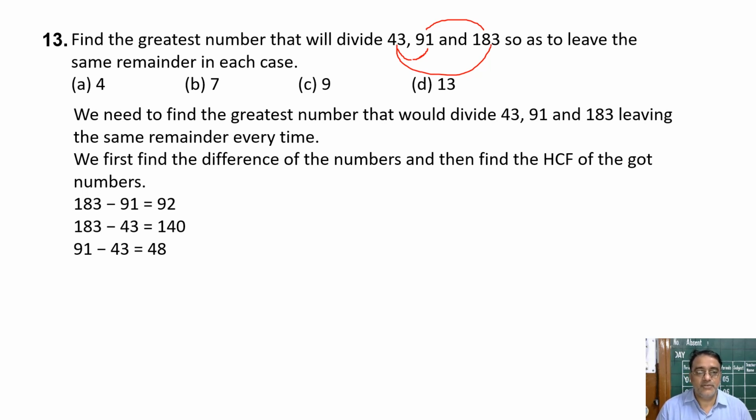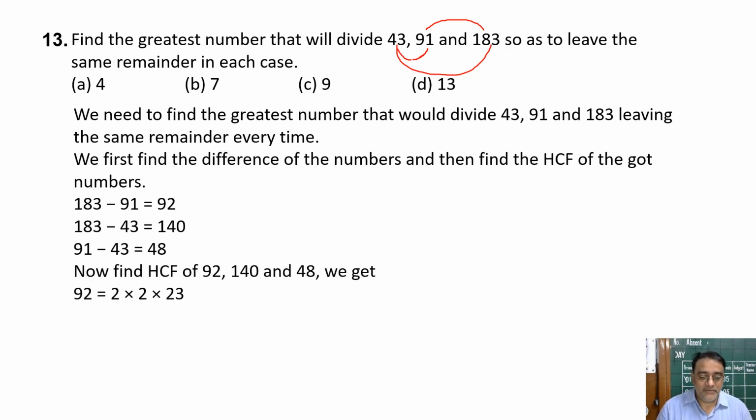So 2 into 2 into 23. And 140 we can write 10 into 14 है ना. So 2 into 2 into 5 into 7. And 48 we can write 8 into 6. So 2 into 2 into 2 into 2 into 3.